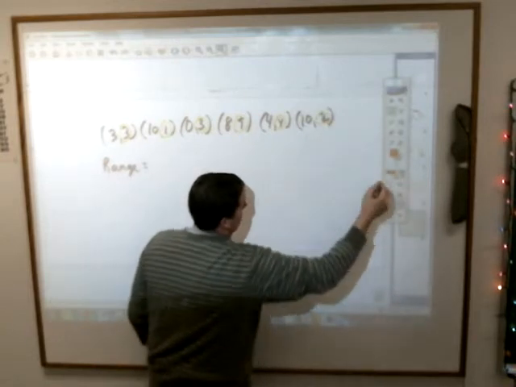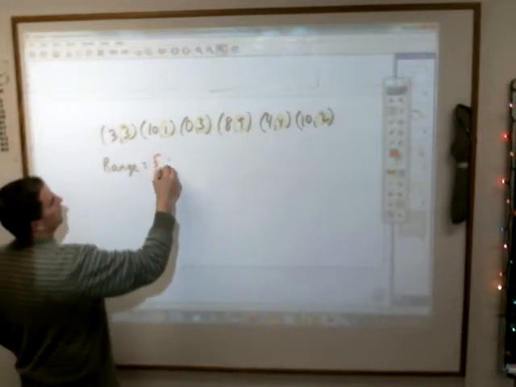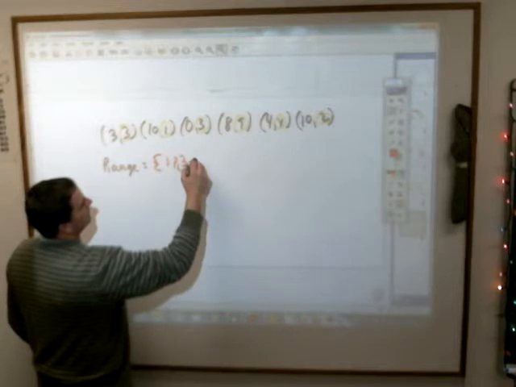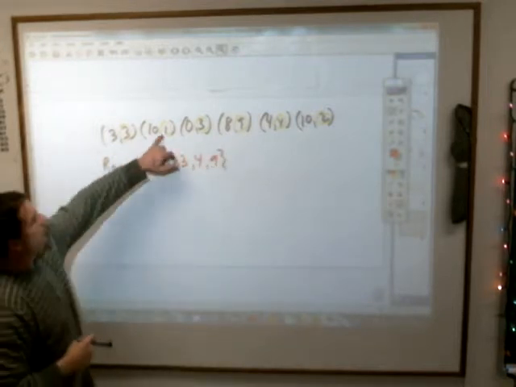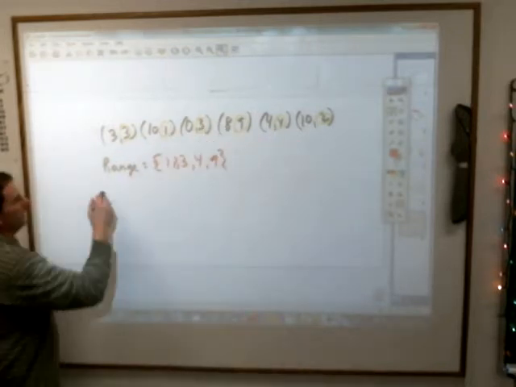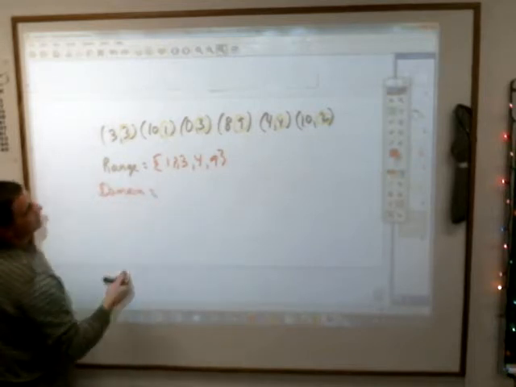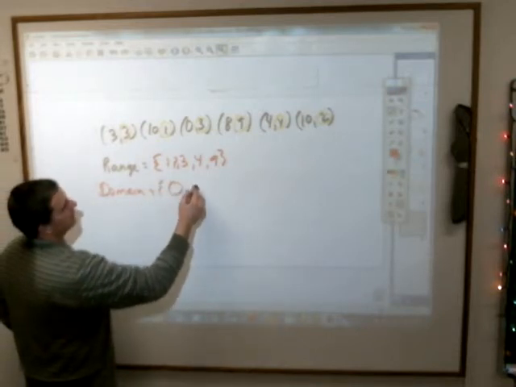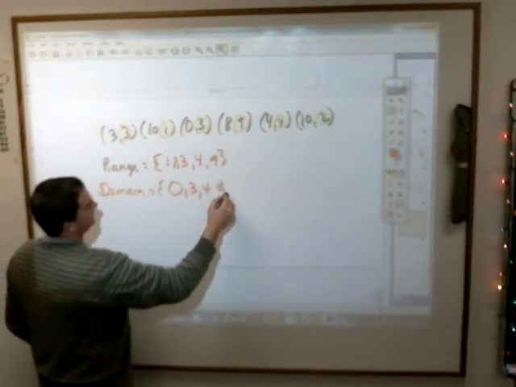If you're writing it out in set notation, the range is 1, 2, 3, 4, 9. And the domain is all the x values. What do we have for x? Feel free to jump in anytime there. 0, 3, 4, 8, and 10.